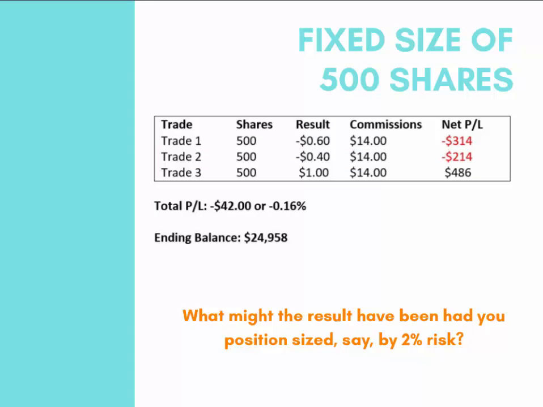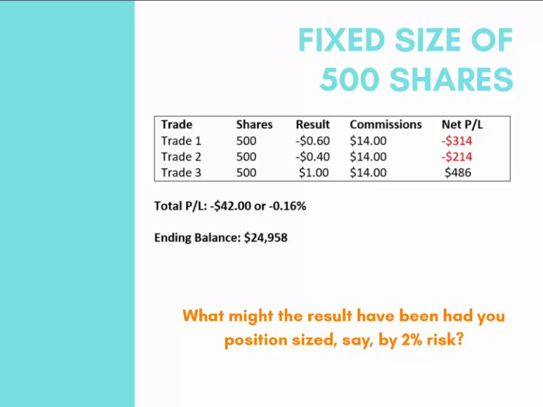Trade 1. The first trade has a stop loss of 60 cents and a profit goal of $2. You get stopped out for a loss of $314 after commissions. Your balance is now at $24,686. Trade 2. Your profit goal is $1.50 and your stop loss is at 40 cents. You get stopped out for a loss of $214, including commissions.